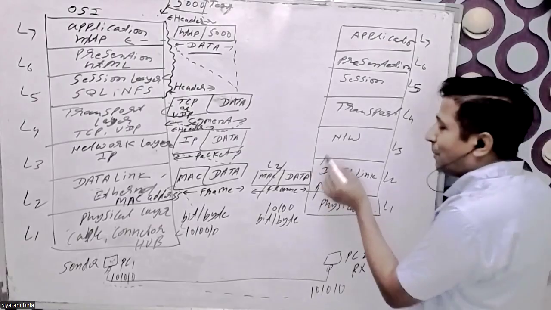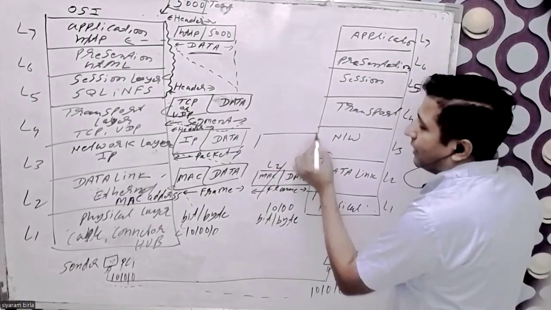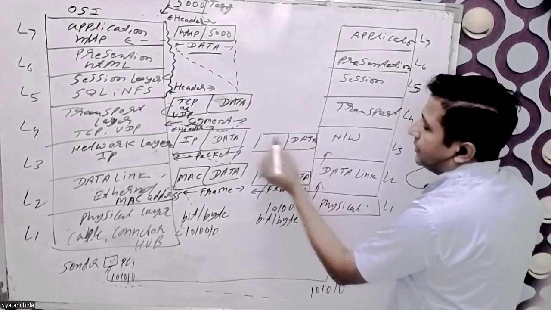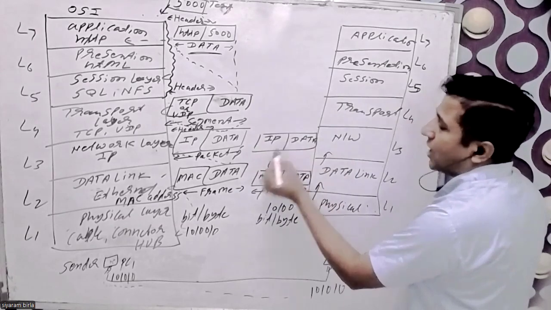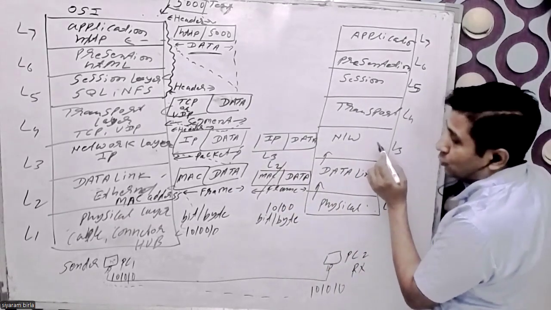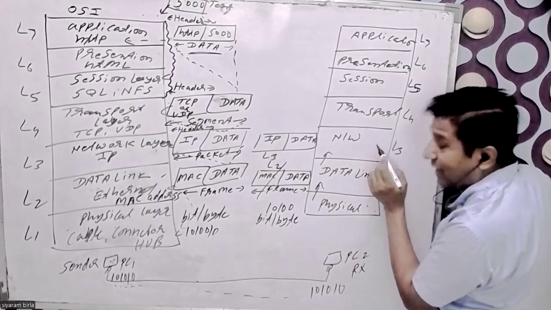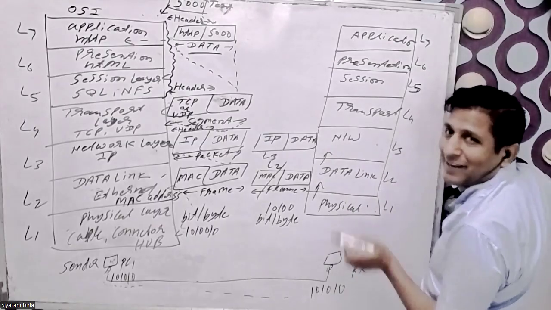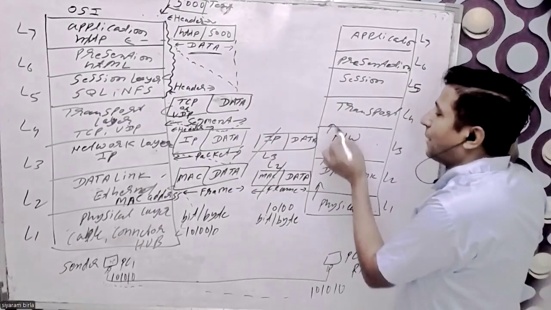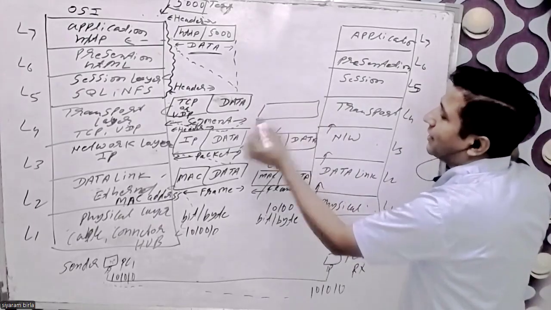After that, my packet comes to the network layer. Here is the data, and here are the source IP and destination IP at layer 3. The network layer can remove only the IP address, the layer 3 address. After that, my packet comes to the transport layer.